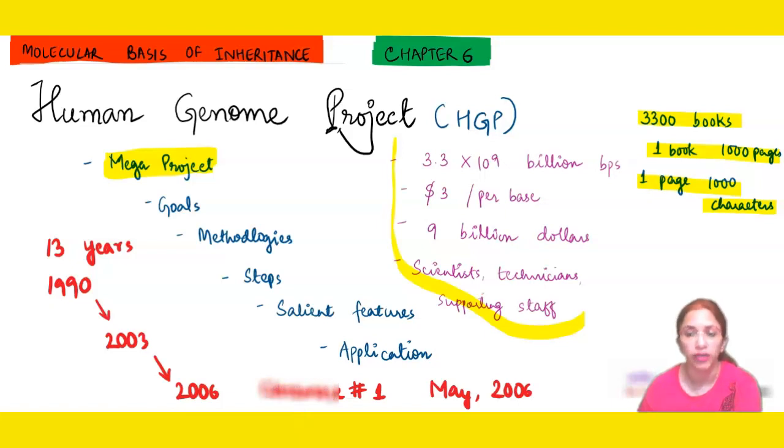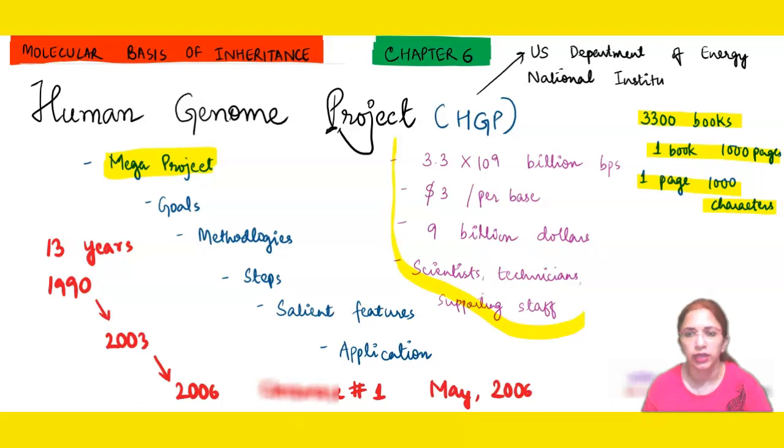Suspected year or expected year of finish was 2003. Now, which were the organizations that initiated this project is also important. It is the United States Department of Energy, who was the sole initiator, along with the National Institute of Health.